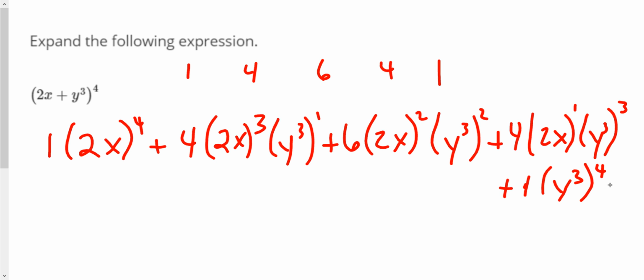Okay, so now let's go ahead and simplify all this stuff. It's not too challenging of one, so we're going to get 16x to the fourth. Let me change that color up so we can see that.